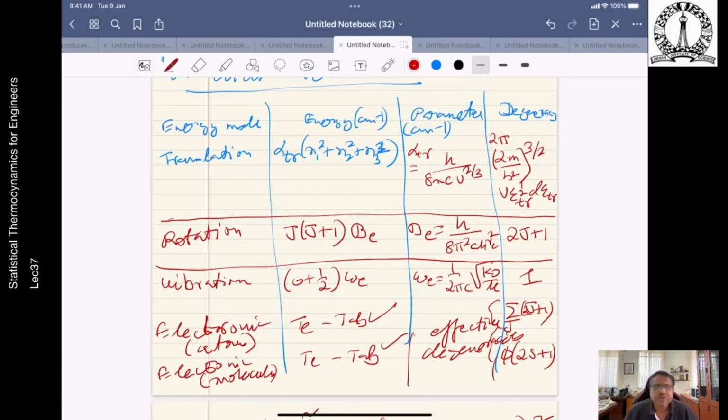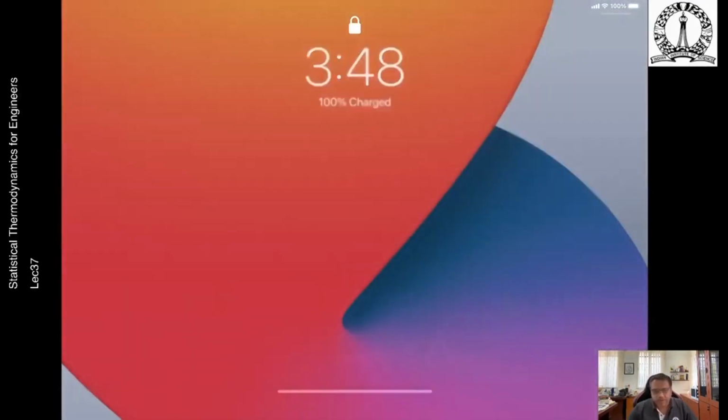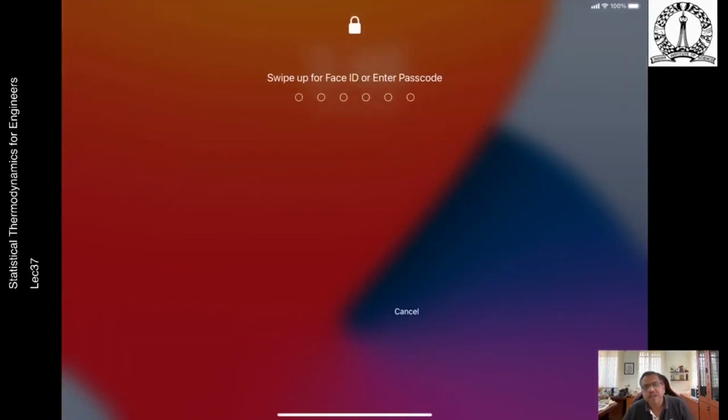So this we already have done, and we have a fairly good idea now of how the energy levels and the degeneracies correspond to the translational, rotational, and vibrational energy modes of an independent particle assembly.